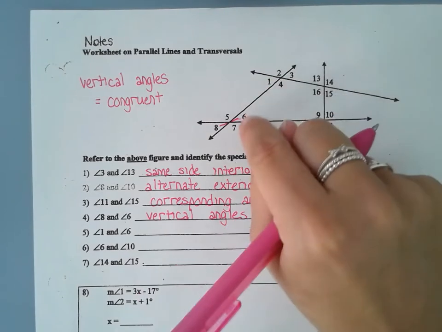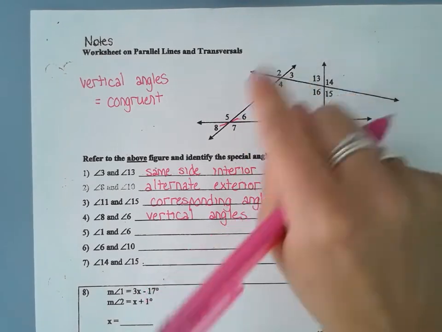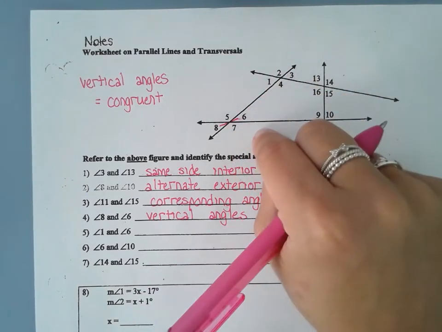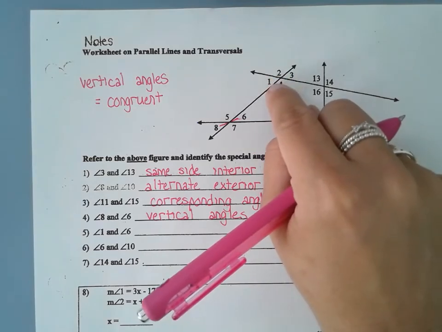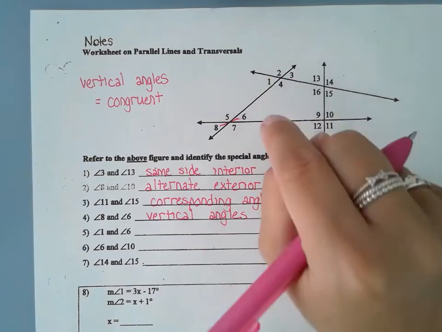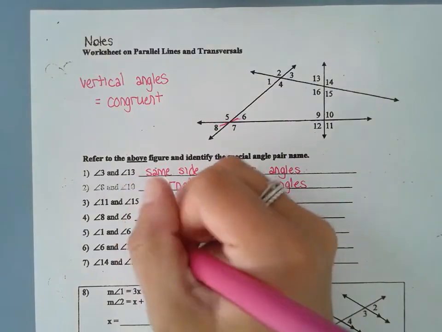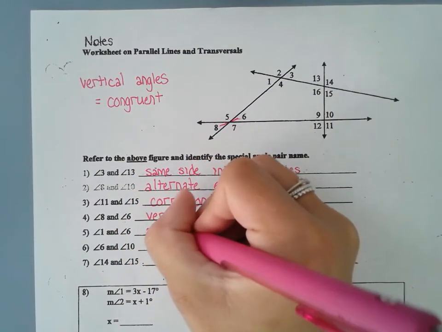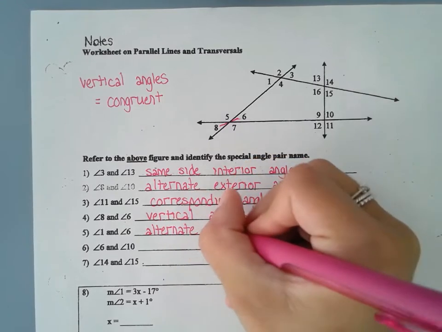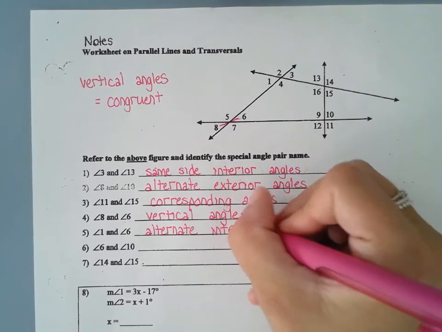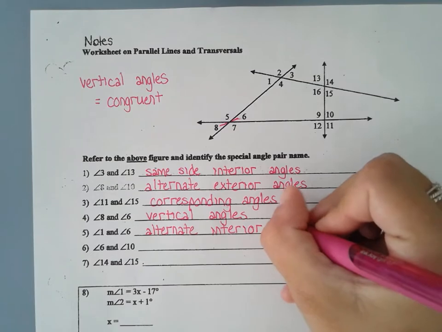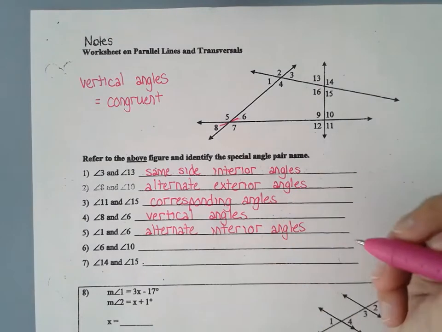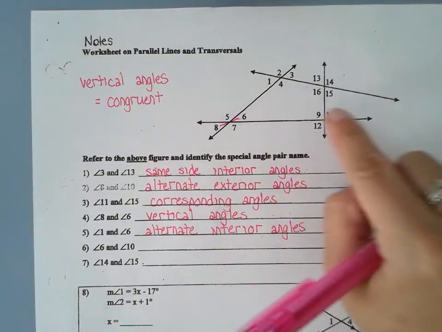Angle 1 and angle 6, they're both inside two sets of parallel lines. Angle 1 is on this side of the transversal, angle 6 is on that side. So these are alternate interior angles. Angle 6 and angle 10.